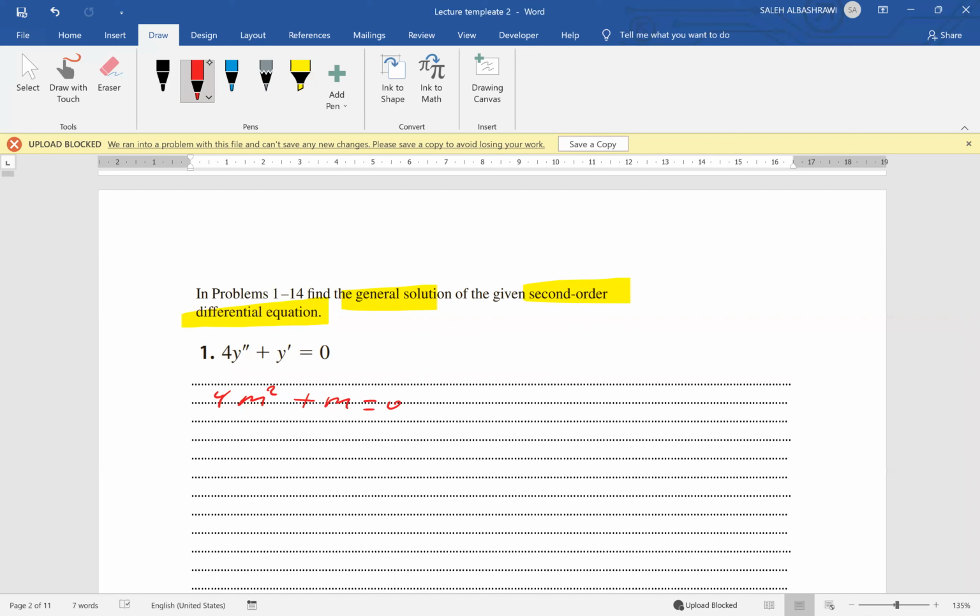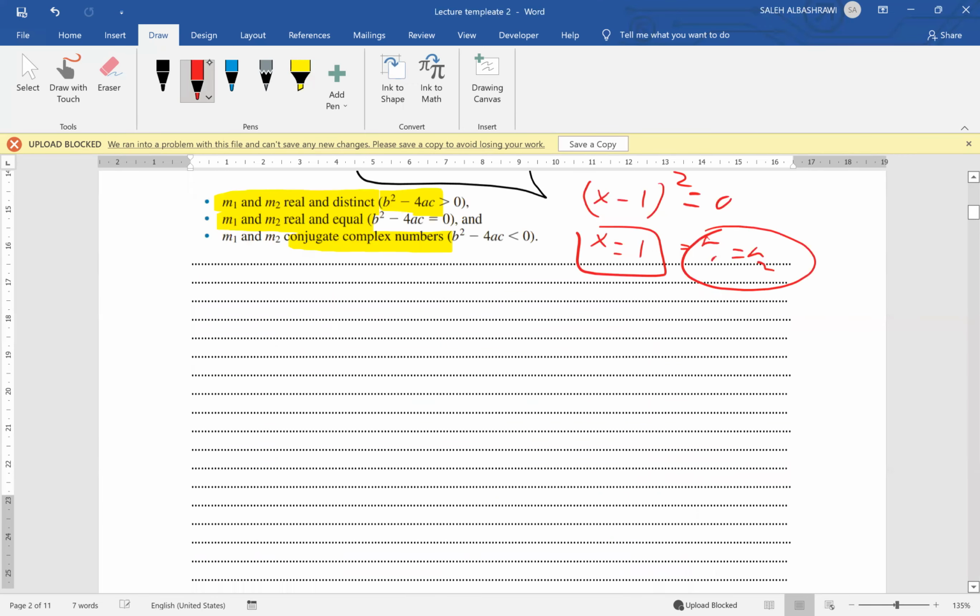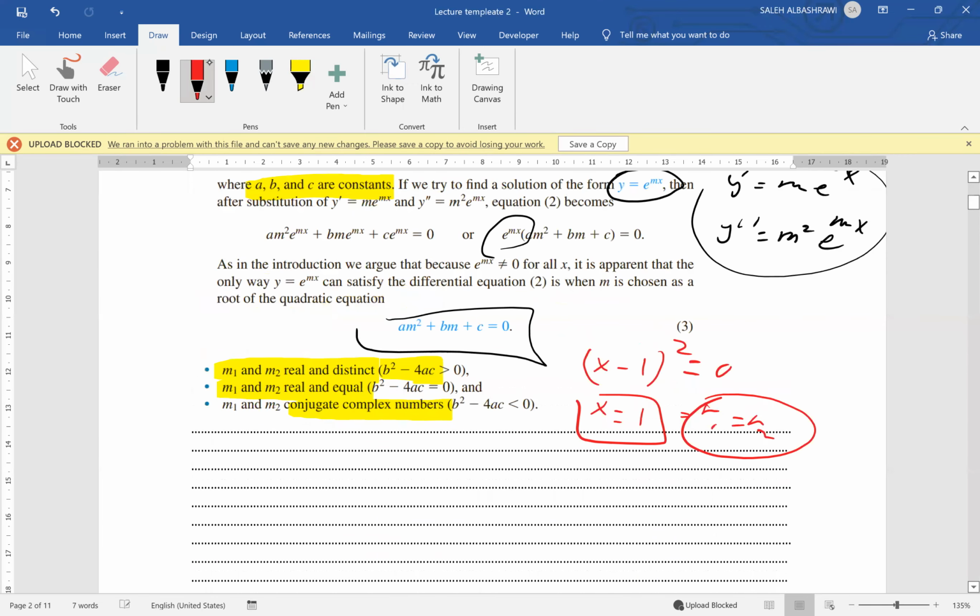If we replace y by e to power mx, then as we said, y prime equals m e to power mx, and y double prime equals m squared e to power mx. Again, if we go back, we need the auxiliary equation.